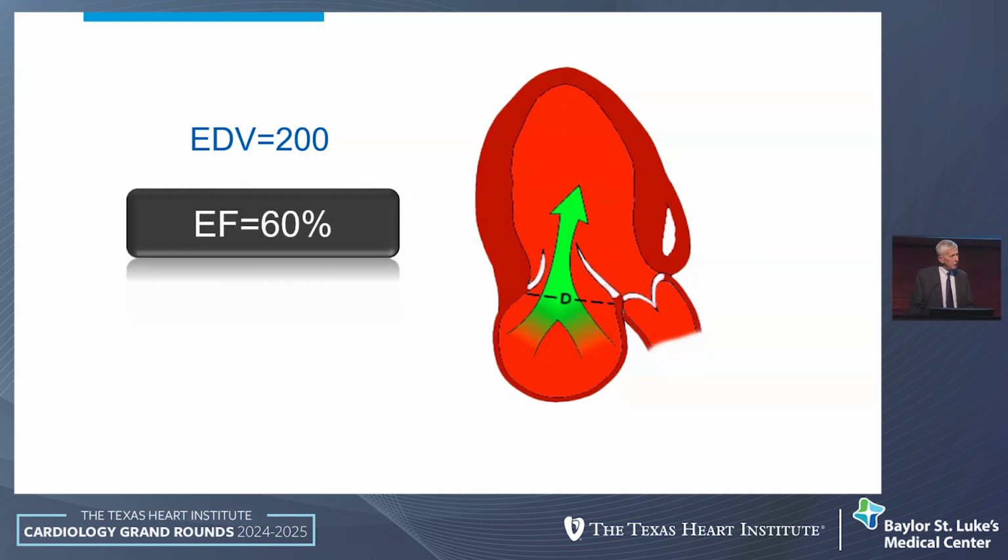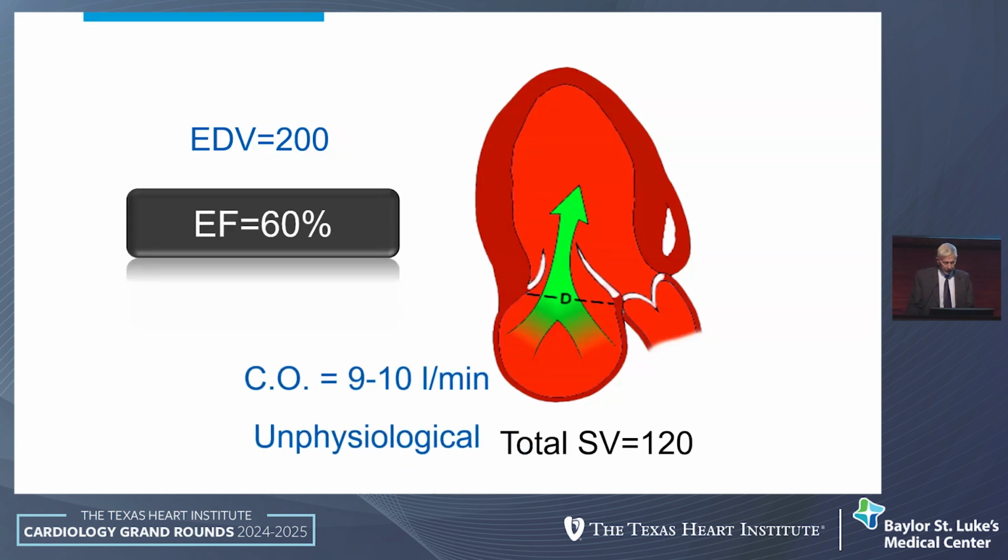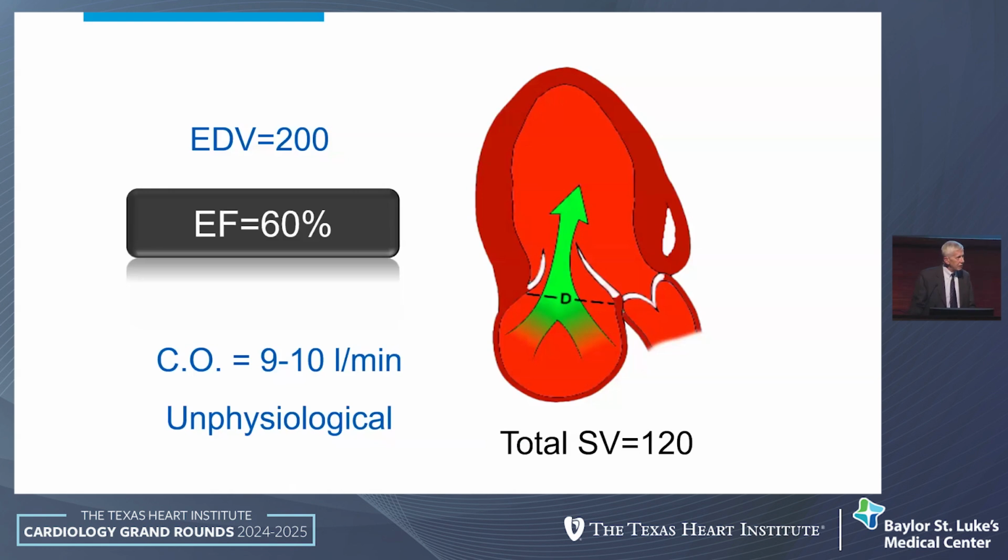And let's say you want that patient to have an ejection fraction of 60. They came in with 60, it ought to be 60 when they leave the OR. That means they have a total stroke volume of 120, and that gives them a cardiac output of 10 liters. Now that's unphysiological. That won't happen. You don't come out of surgery with a cardiac output of 10 liters per minute.